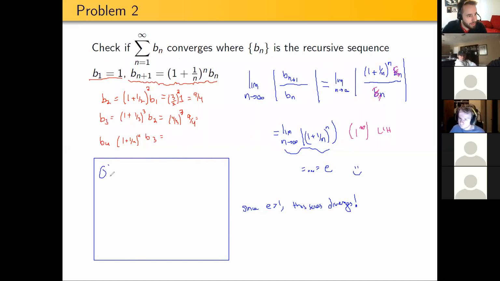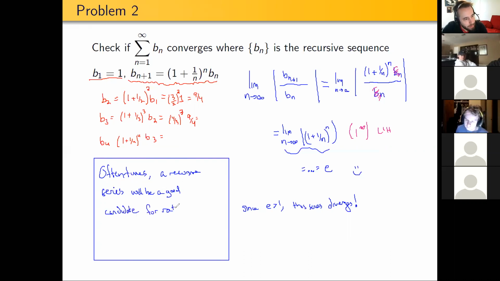So oftentimes a series that's defined recursively will be a good candidate for the ratio test. And that's exactly because oftentimes this recursive element leads to this kind of nice cancellation.